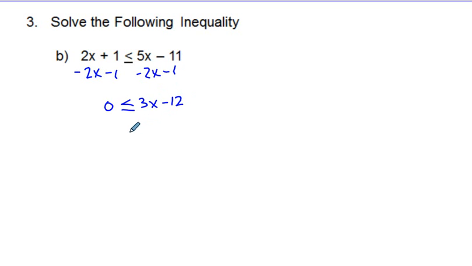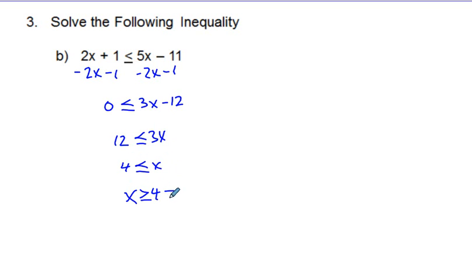And so adding 12 to both sides, we have 12 is less than or equal to 3x, and dividing by 3, we're going to have 4 is less than or equal to x. So therefore x is going to be greater than or equal to 4.